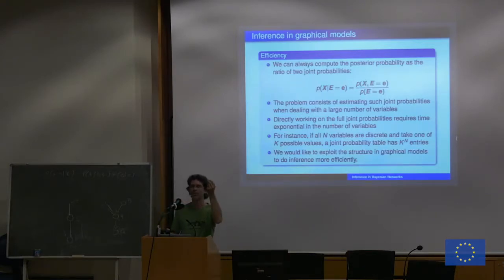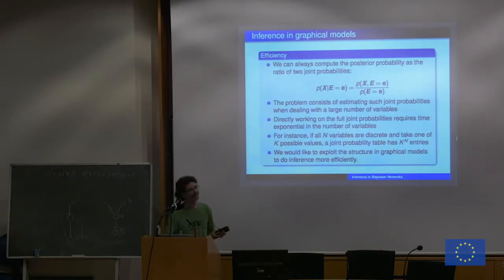suppose I'm interested in computing the probability of one variable. You have evidence on two variables, and you have other 200 variables for which you don't have evidence. You have to sum them up, marginalize them out, in order to compute the probability of that variable. To get the probability of one variable, you need to sum over all the others to remove them from the joint probability.